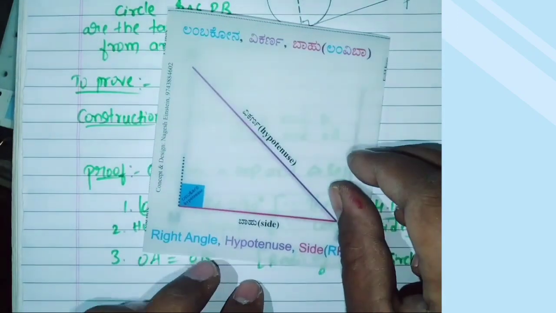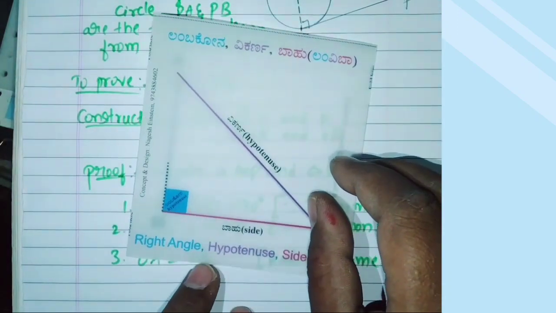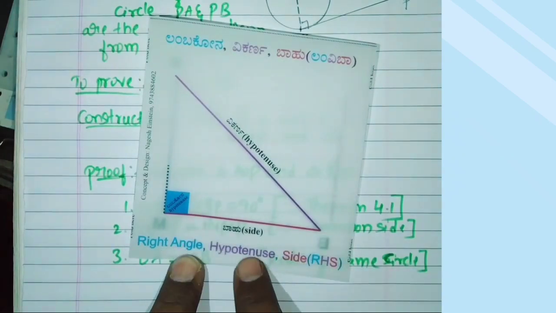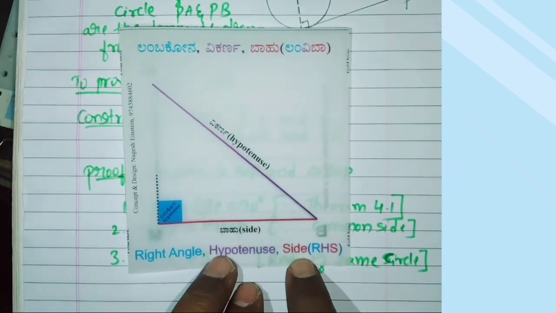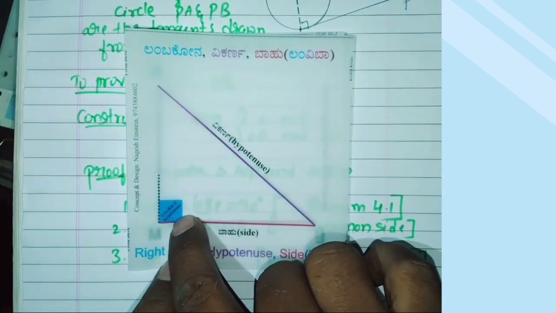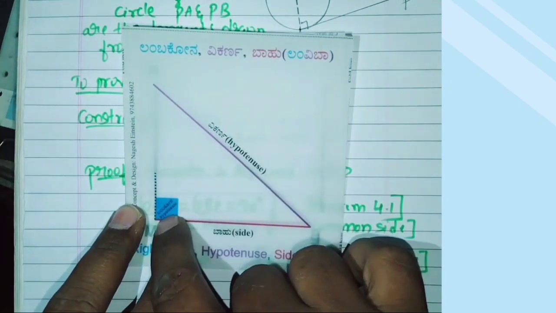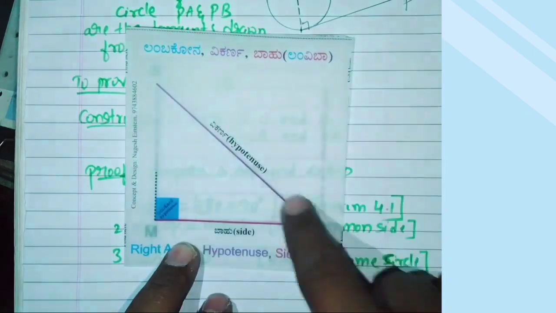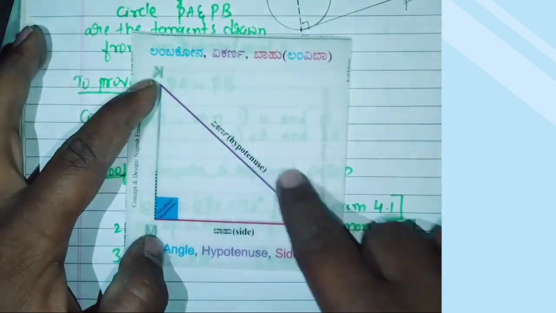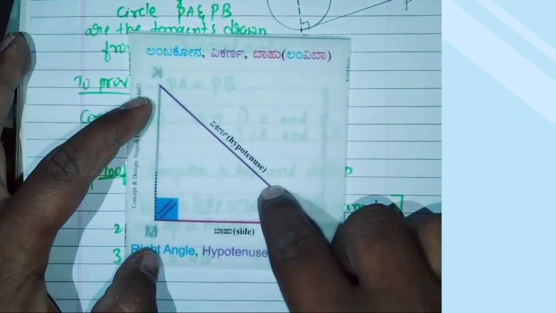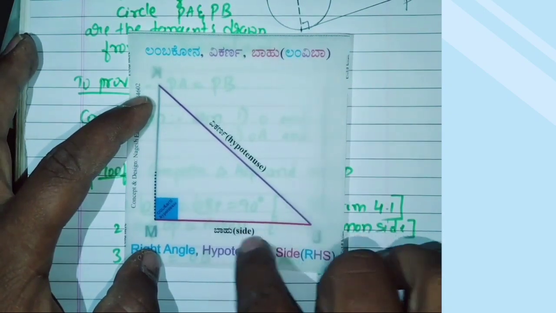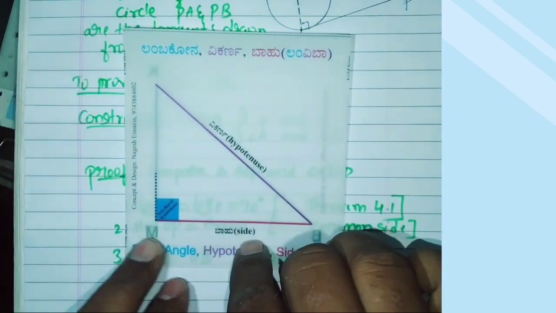So now the RHS congruency means right angle, hypotenuse and side. Here this is the 90 degree angle. This is a right angle triangle. Opposite to 90 degrees is the hypotenuse, which is always the longest side, and this is a side adjacent to 90 degrees.